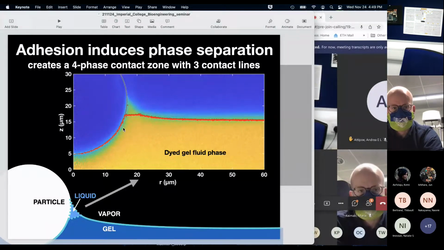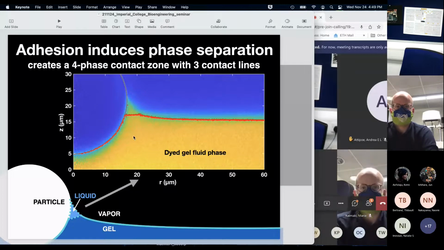And so the cleanest picture is probably this one, because it's easier to do the imaging when the bulk is the fluid, and the bulk is the gel, and the sphere is the rigid part. And so then you have the fluid coming out here.